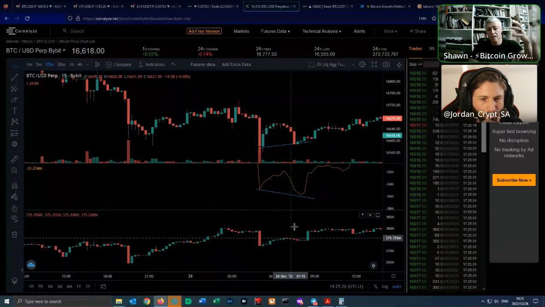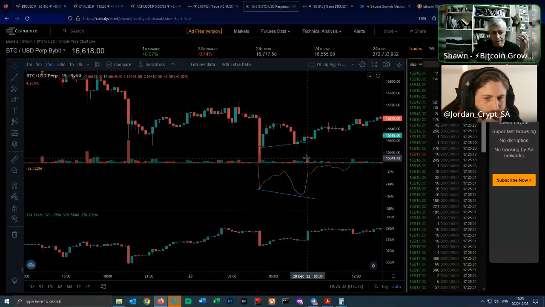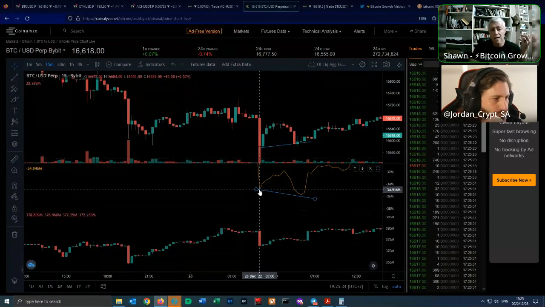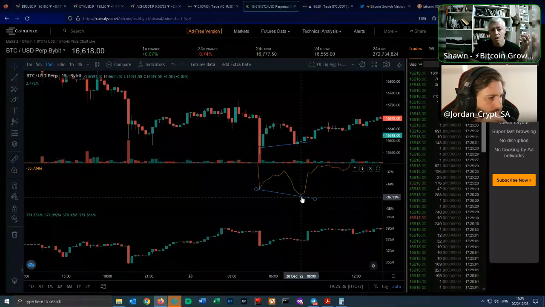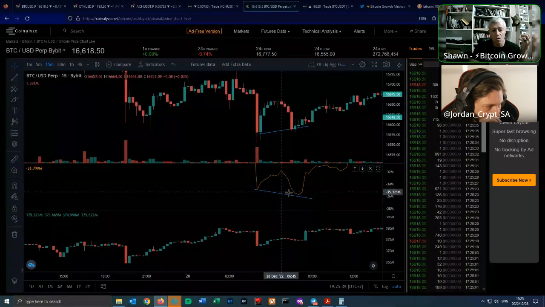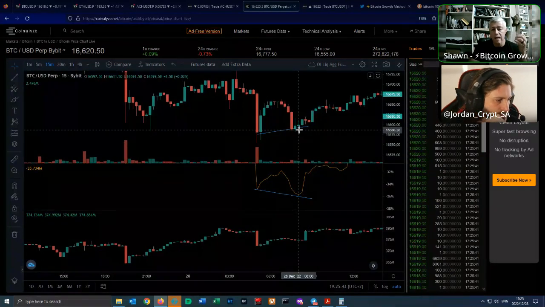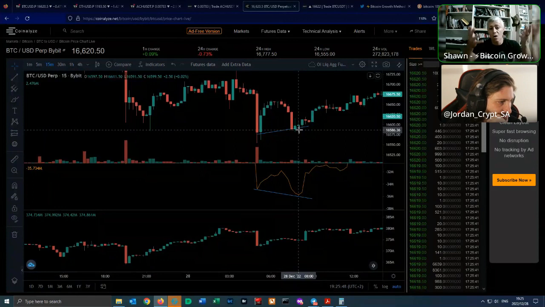That means people were possibly trying to short this breakdown, and the indicator was making a lower low. But look what was happening to price. While the indicator was making a lower low, the price was actually making a higher low. And that normally is an indicator that the larger market participants, or the whales, are holding the price up.